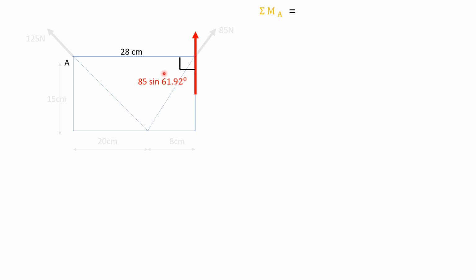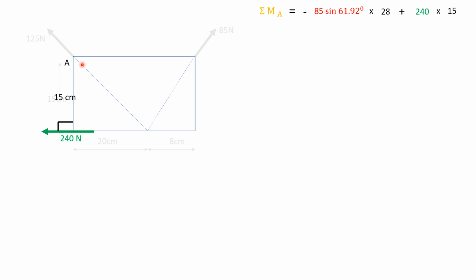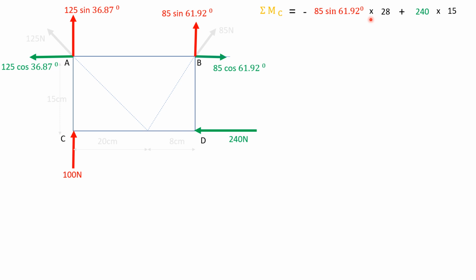This force will rotate about point A like this, anticlockwise, and this force will rotate about point A like this, clockwise. So moment about point A is given by this force into this distance and this force into this distance.